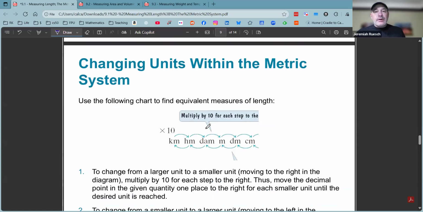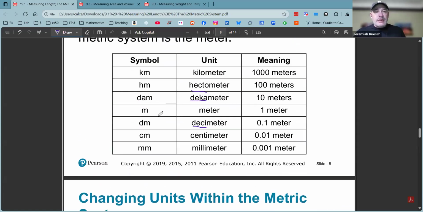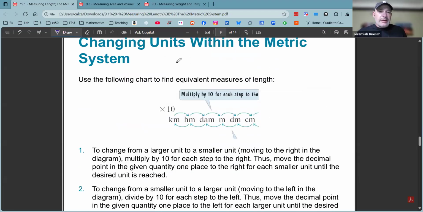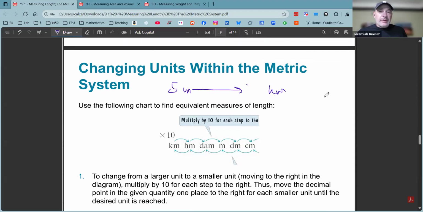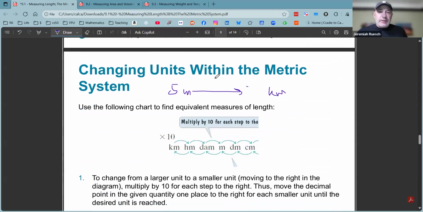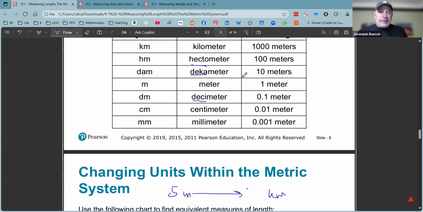Okay. So changing within the metric system, as I mentioned earlier, there are powers of 10. If you're given something in meters and you want to know what it is in kilometers, let's say you had 5 meters and you want to go to kilometers, then just like before with the trick with the unit conversion, there are 1,000 meters in every kilometer.